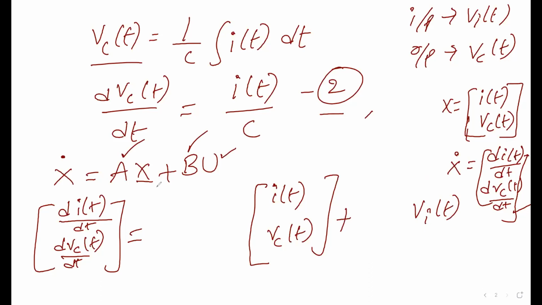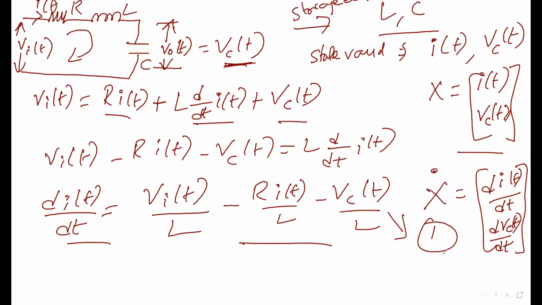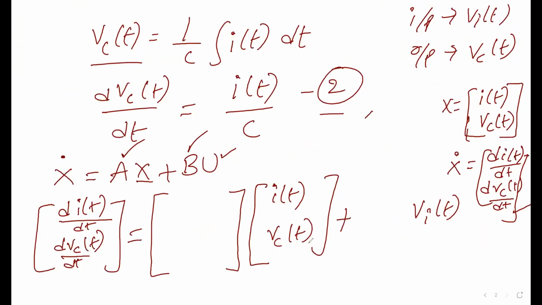Coming to the first row elements, the first row of this 2 by 2 matrix will be framed from the first equation. We have I of t and Vc of t.